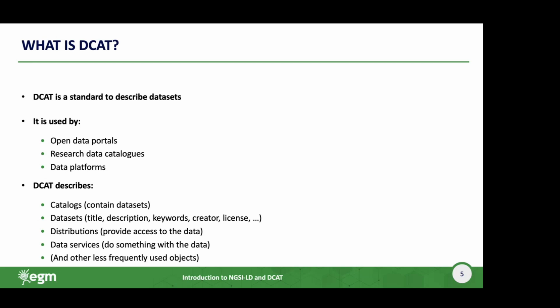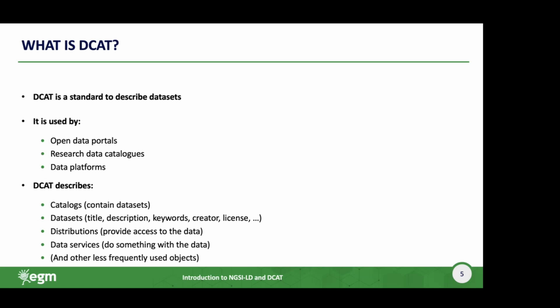And DCAT describes catalogs. A catalog is the thing that contains datasets. Of course, it describes datasets which have some metadata like title, description, keywords, creator, license, temporal coverage, geographical coverage, and so on. So all the metadata that help you know what is contained by the datasets, to know if it can be of some interest for you and if you can use the data that belongs to the dataset.